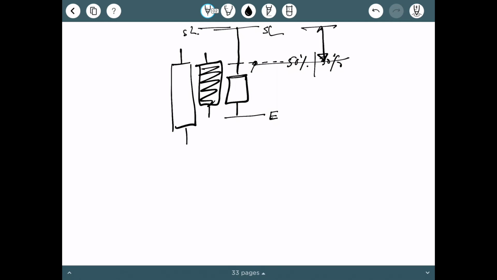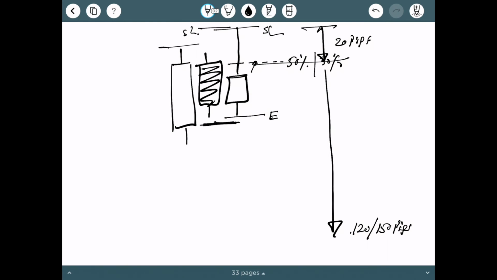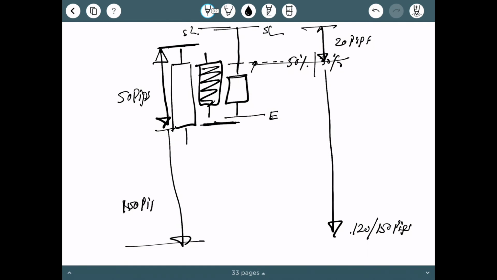So let's say you have, let's say, a 20 pips entry, you can easily have 120 to 150 pips. If you would have put your entry here and your stop loss here, this is, let's say, 50 pips, and your reward will be, sorry, it has to be 100 pips.